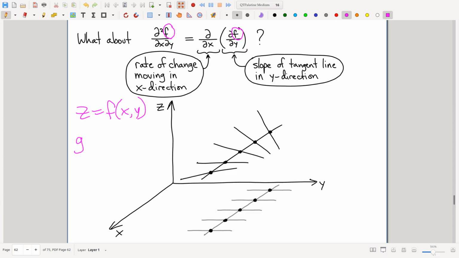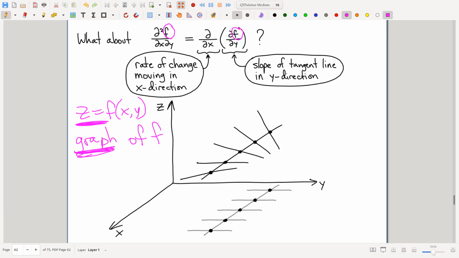Can't emphasize enough, this is the graph of f that we're looking at. Now I'm just not going to draw that corresponding surface. It'll just mess up the picture as it turns out. So you're going to have to kind of imagine there being a surface here, and then we're going to look at various tangent lines and stuff like that.